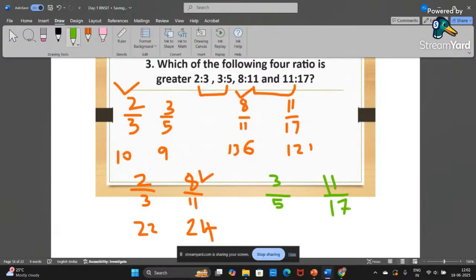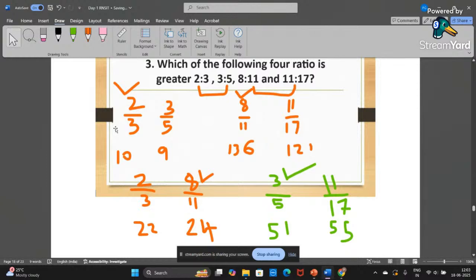So next step, you have to do the cross multiplication. 17 threes are 51. 11 fives are 55. So among those two, this is the smallest number. So this is the smallest ratio. So in this, 8 by 11 is the biggest ratio and 3 by 5 is the smallest ratio.